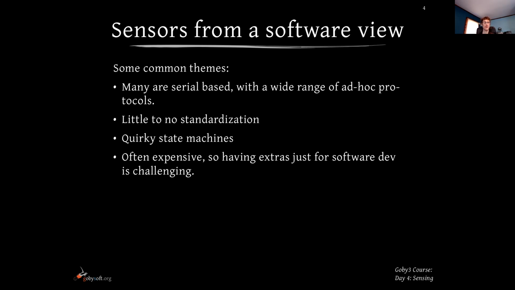And these sensors are often quite expensive. Unlike perhaps a GPS or the Internet of Things sensors you can buy for $50 or so, you're talking thousands of dollars. So having extras just for software development use is often challenging or impractical.